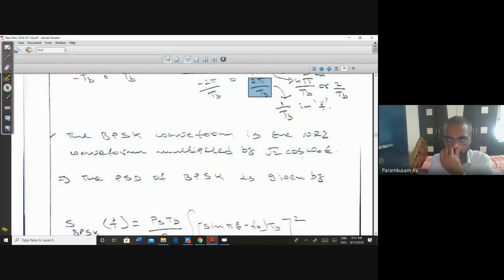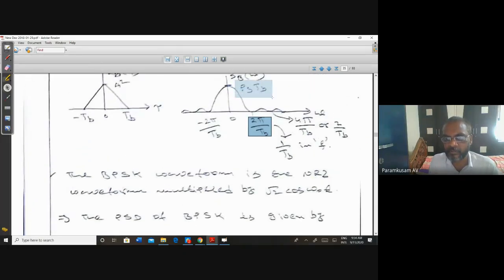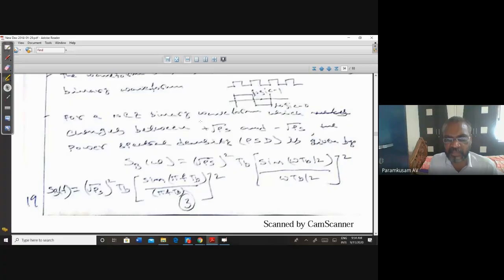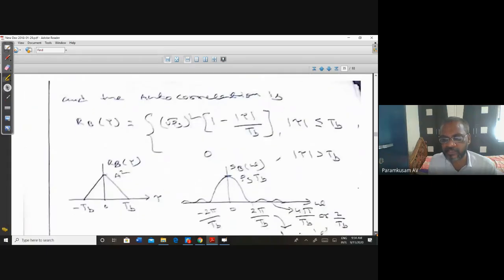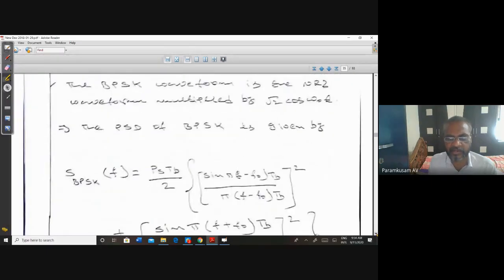The root 2 Ps was already taken in b of t, which is a signal between plus and minus root Ps. That signal is multiplied with root 2 cos omega naught.